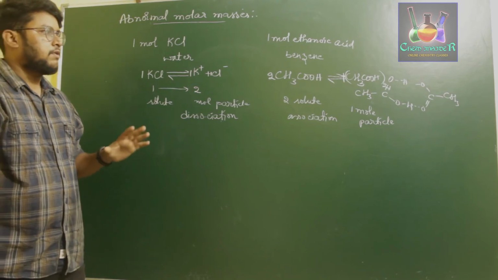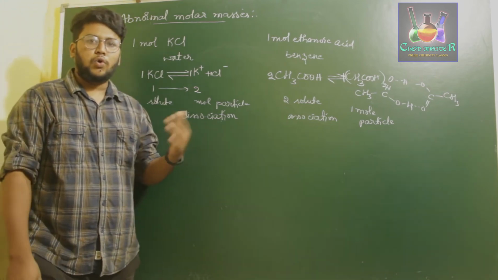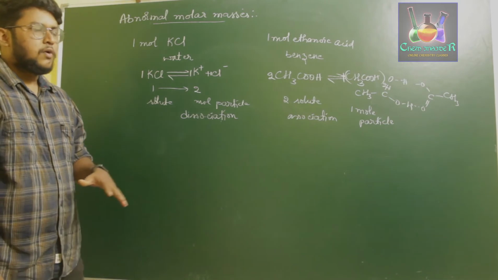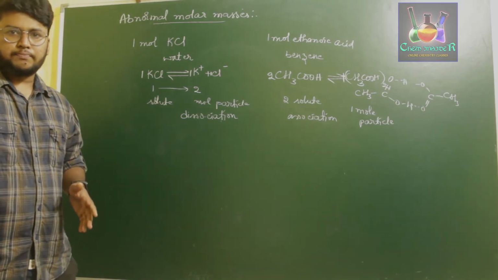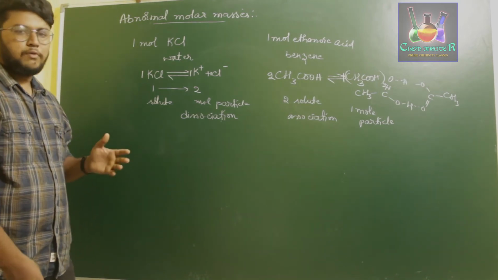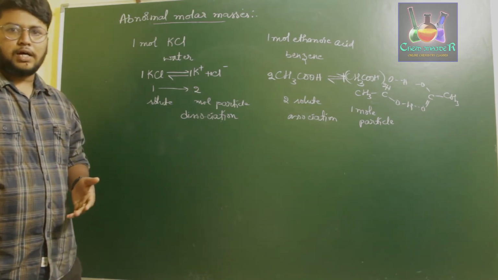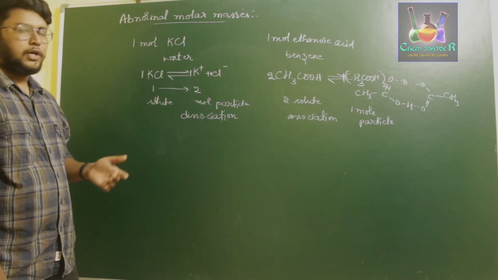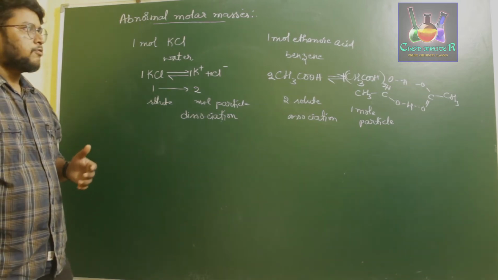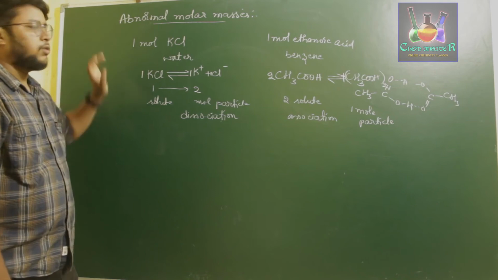Whenever you obtain a higher or lower value of molar mass than the exact molar mass by using colligative properties, that molar mass is called abnormal molar mass.